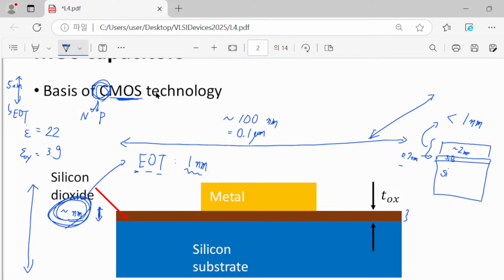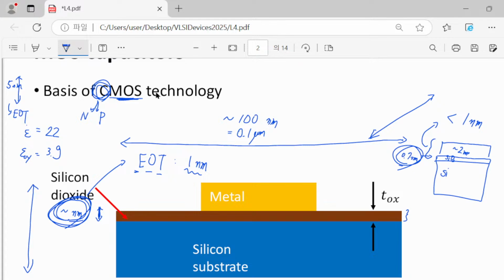But if you have a 5 nanometer thick hafnium oxide layer, then it already contributes about 1 nanometer of EOT, and combined with this 0.7 nanometer, which cannot be avoided in our technology, the overall EOT value can easily exceed 1 nanometer.